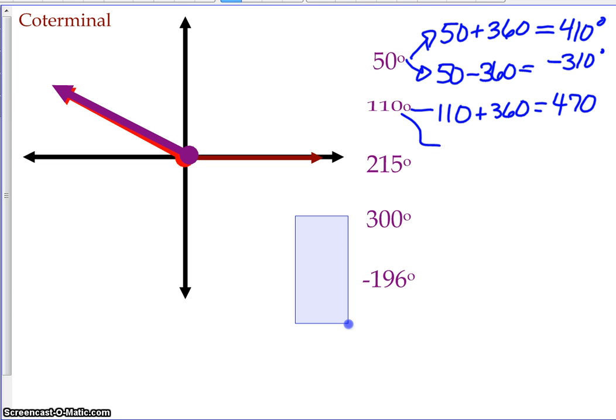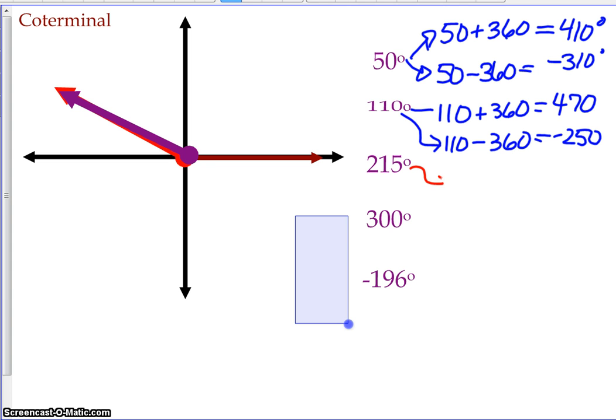All right. I also have the option of going in the negative direction, okay, to say, all right, I could start here at 0, 0, and I can come around in the negative direction and go here. In that case, what I would do is go 110 minus 360, and I get a negative 250. Hopefully you kind of see the pattern that we have here.